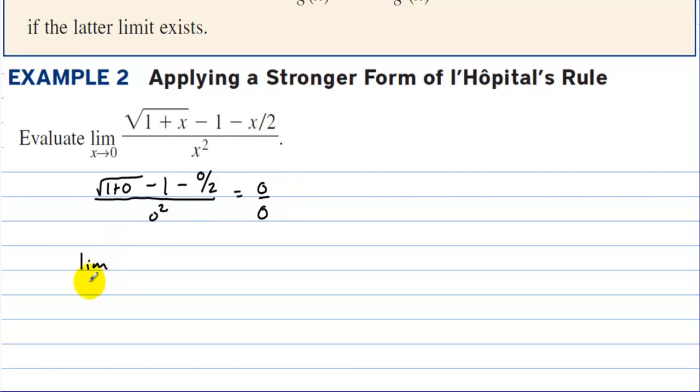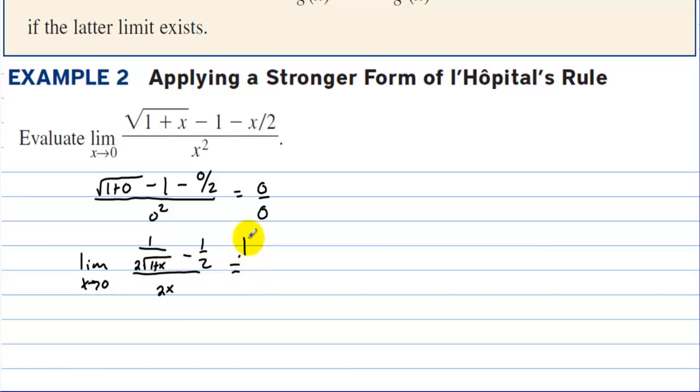Now we have the limit as x approaches 0 of 1 over 2 square root of 1 plus x, and then minus 0, and then minus 1/2, and that's going to be all over 2x. Well, let's see if we still get an indeterminate form. If we plug 0 in here, we get 1/2 minus 1/2, that's 0 on top, over 0 on the bottom.